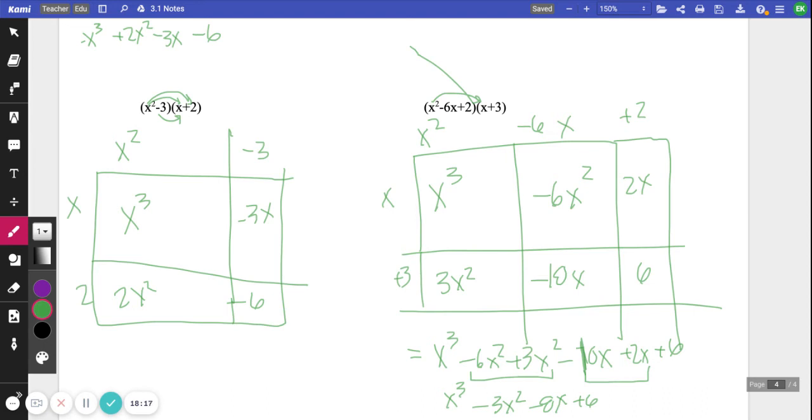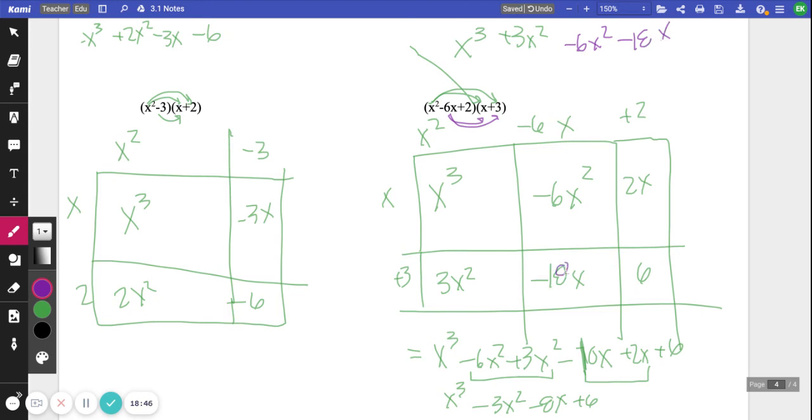So multiply each piece together. So x squared times x is x cubed. And then x squared times 3 is plus 3x squared. Negative 6x times x, negative 6x squared. Negative 6x times 3, negative 18x.